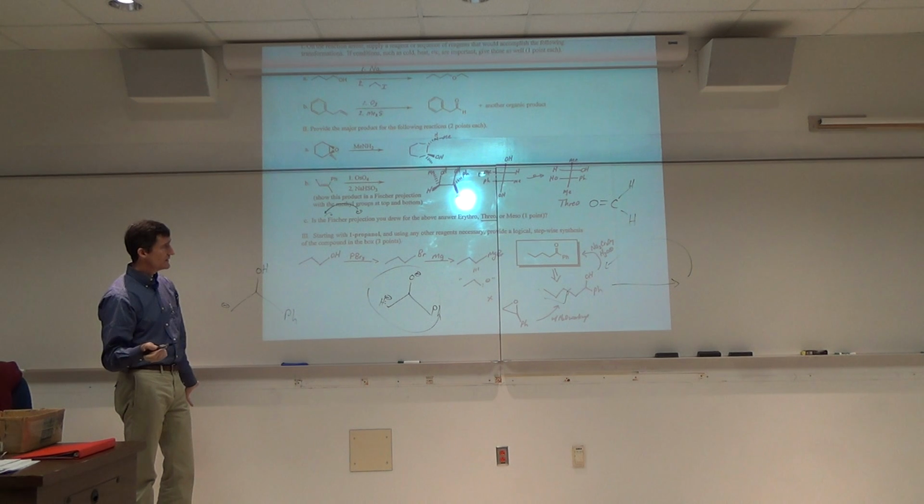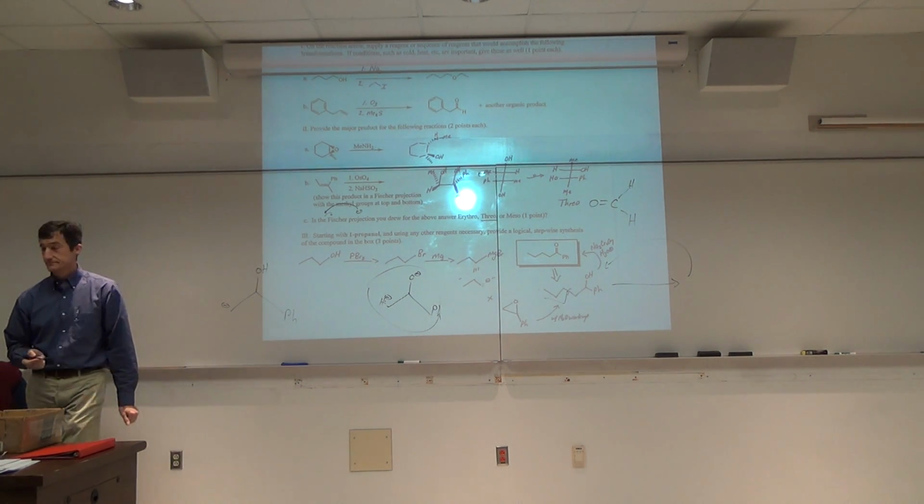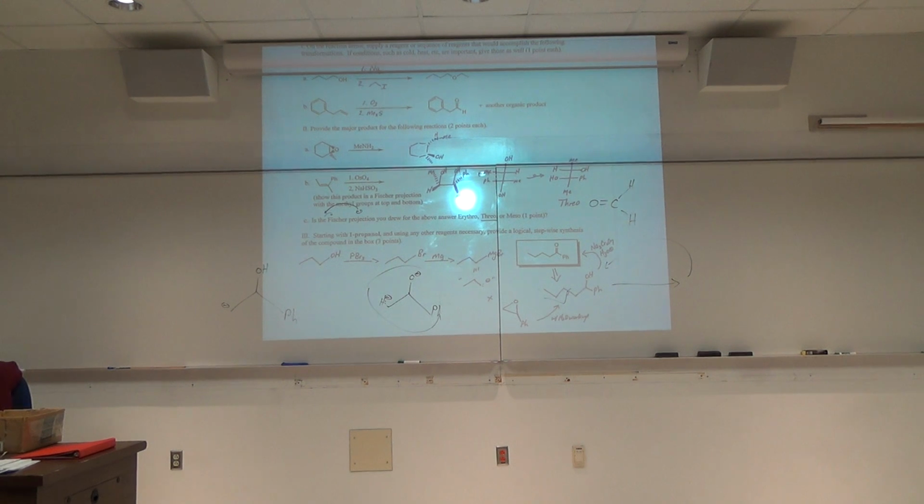I reckon it says any other reagent is necessary, but... Is that where we're talking about being liberal? You can't just use anything. I mean, any other reasonable reagent? Okay, anybody wants to show me what they put?